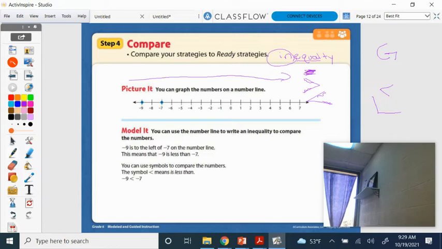Some people like one way. I actually just learned this way this summer, and I was like, that's pretty cool. But it's true. So we can make inequalities.